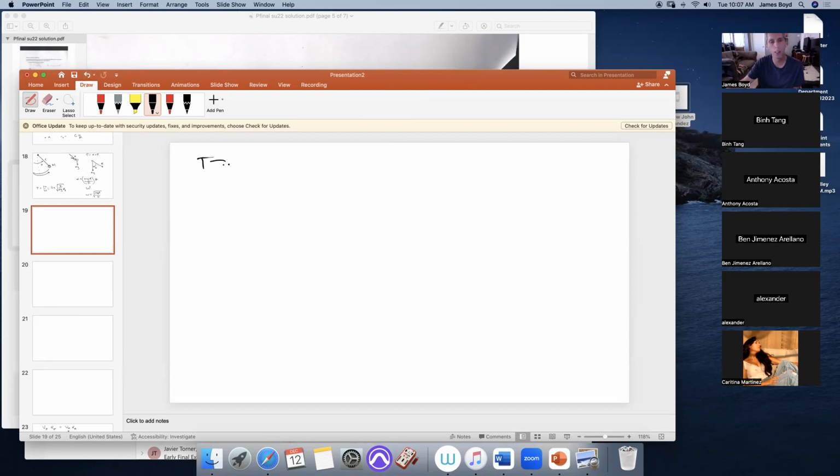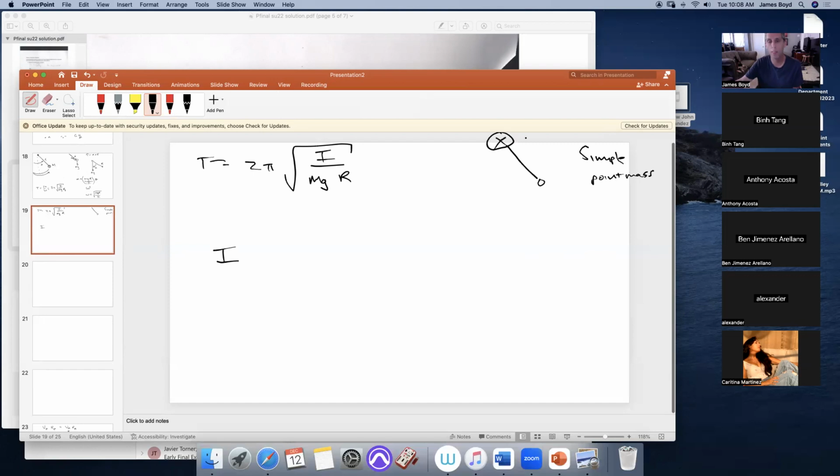So we have a couple cases that you need to understand. The first one, just to help you understand this, is the so-called simple point mass. So if we just have a rock on the end of a string that we're using as a pendulum, I for a point mass rotating around this axis of rotation, going back and forth, is mr squared.